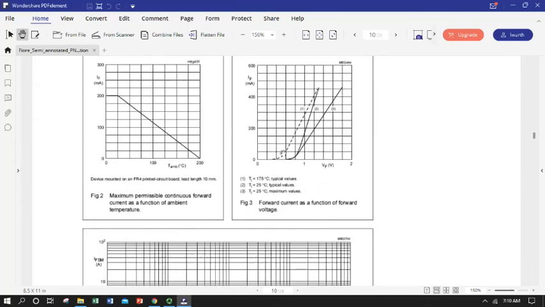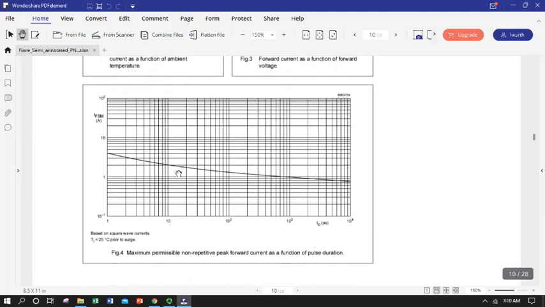So what are those curves and how do they shift with temperature? And last but not least, the maximum permissible non-repetitive forward peak current. So if you're afraid your circuit's going to have some spikes and you need to account for those and have some current protection, this tells you what you have to design around.